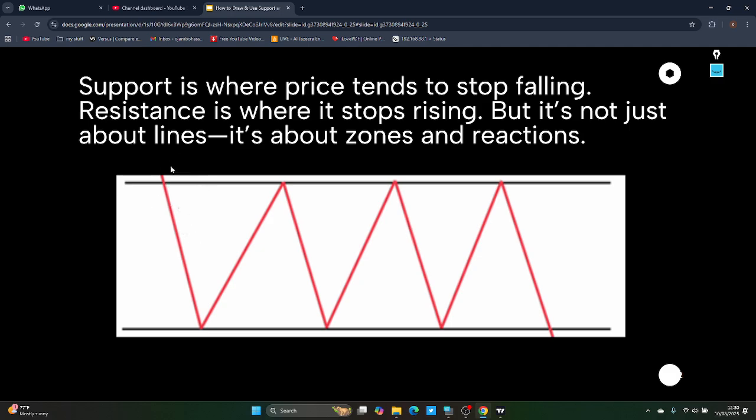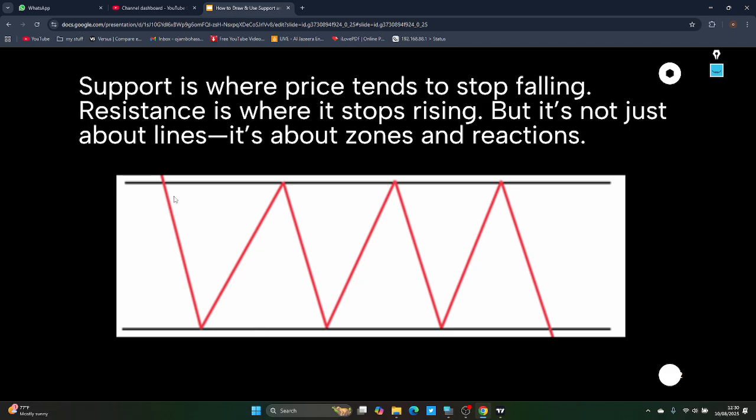Up here is our resistance, this black line, and down here is our support, this black line down here. Support and resistance are not just lines on the chart, they are zones, a whole zone.